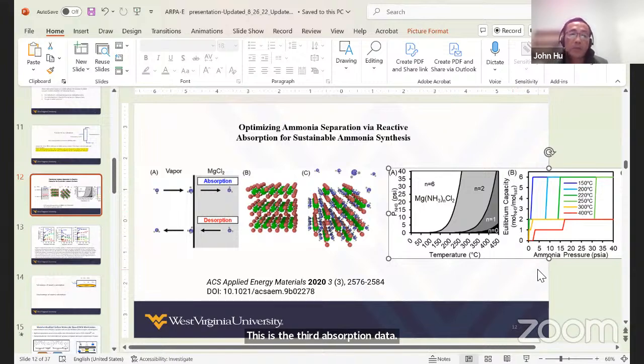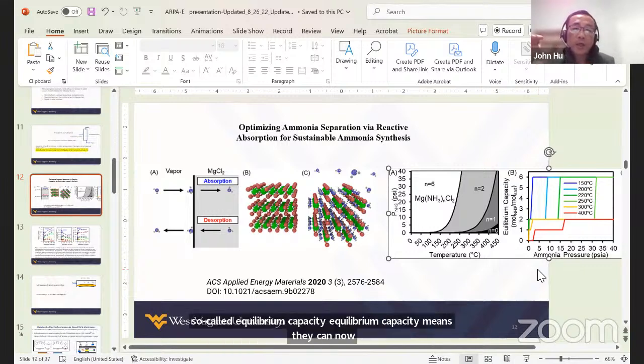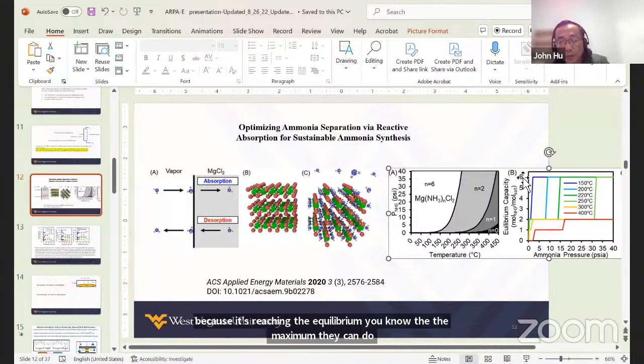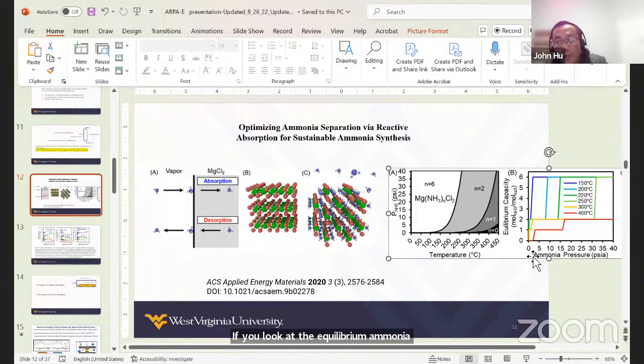Equilibrium capacity means that at equilibrium, they cannot adsorb ammonia anymore because it's reaching the maximum they can do. If you look at the equilibrium ammonia adsorption on the y-axis versus the ammonia pressure, there are different color forms. So first, increase the pressure, increase the adsorption. All right, we all know.